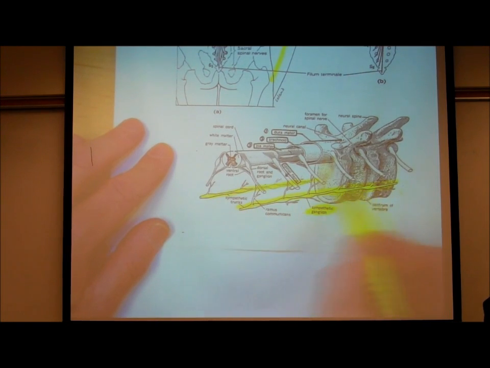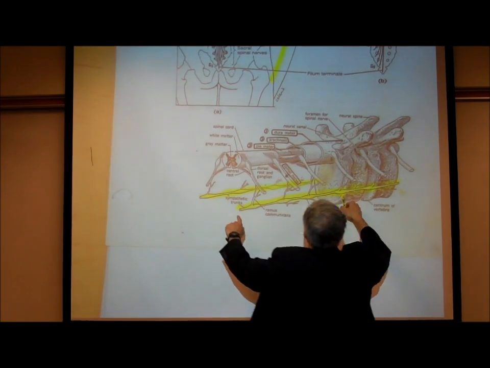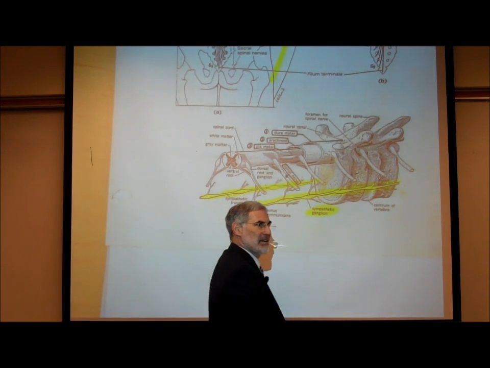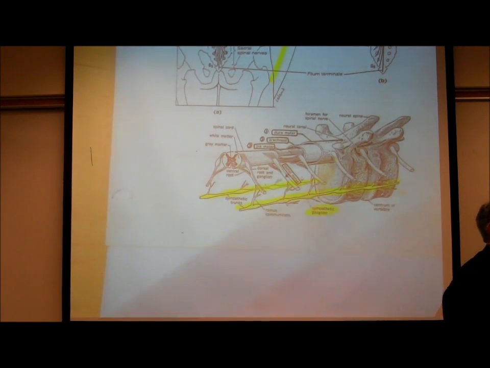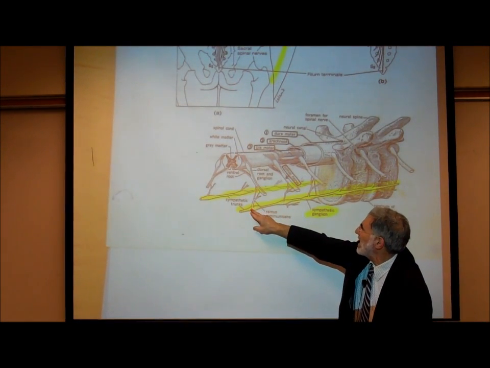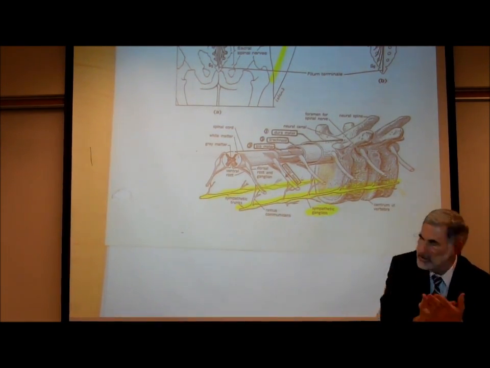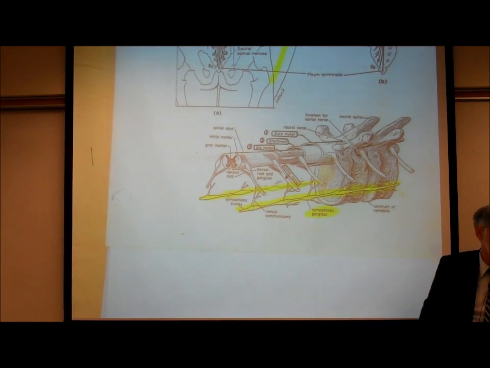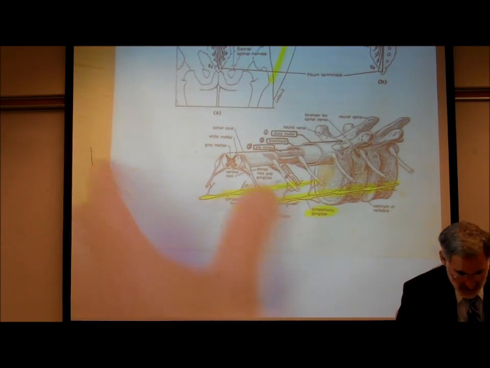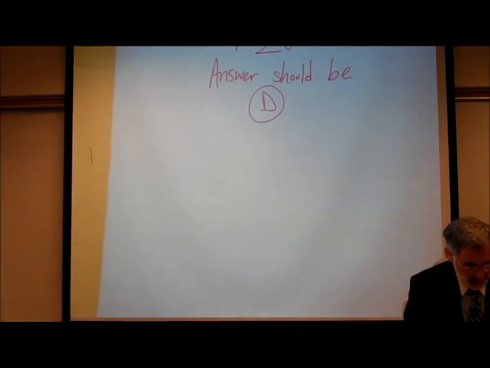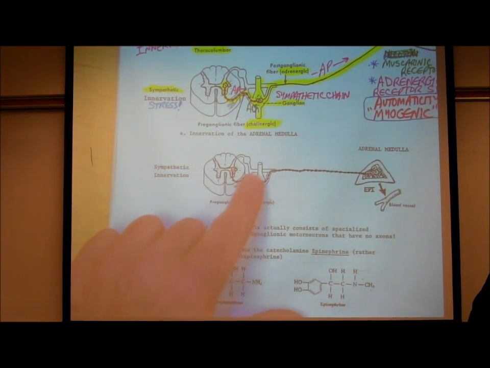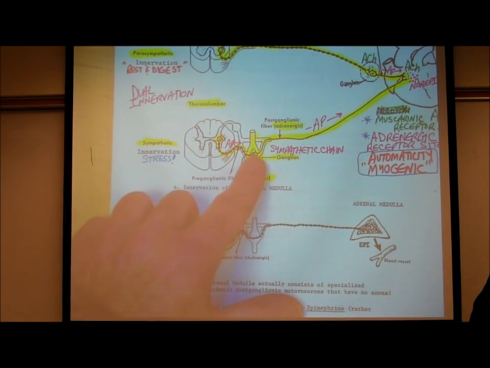Running on both sides of the vertebral column, there they are, the sympathetic ganglia. See that? So they're in all the pictures. This is where many of the sympathetic preganglionic fibers synapse onto a sympathetic postganglionic, right near the spinal cord. So that's why on this picture on 102, it shows it real close to the spinal cord.